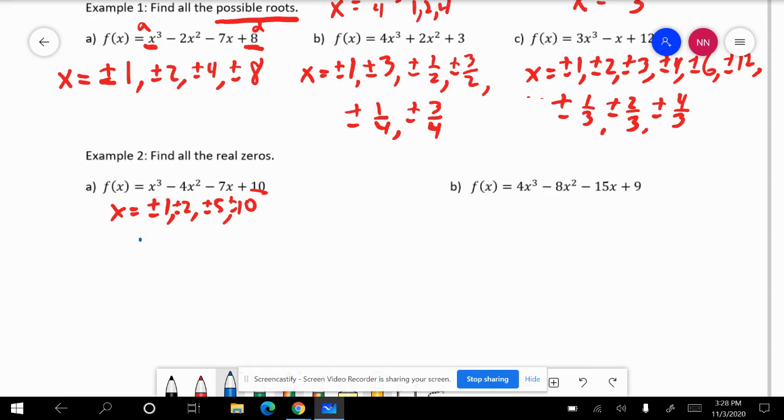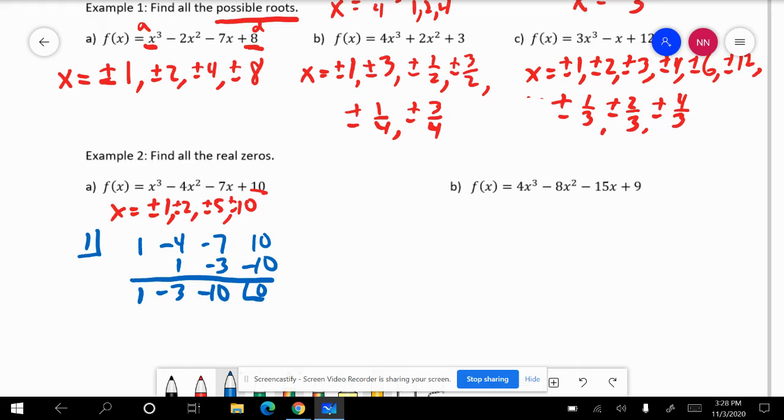So I'm going to use my coefficients 1, -4, -7, and 10. And I'm going to pick a number, let's say 1. So if I bring down the 1, that's a 1. -3, that's -3. This is -10, -10, and it works.